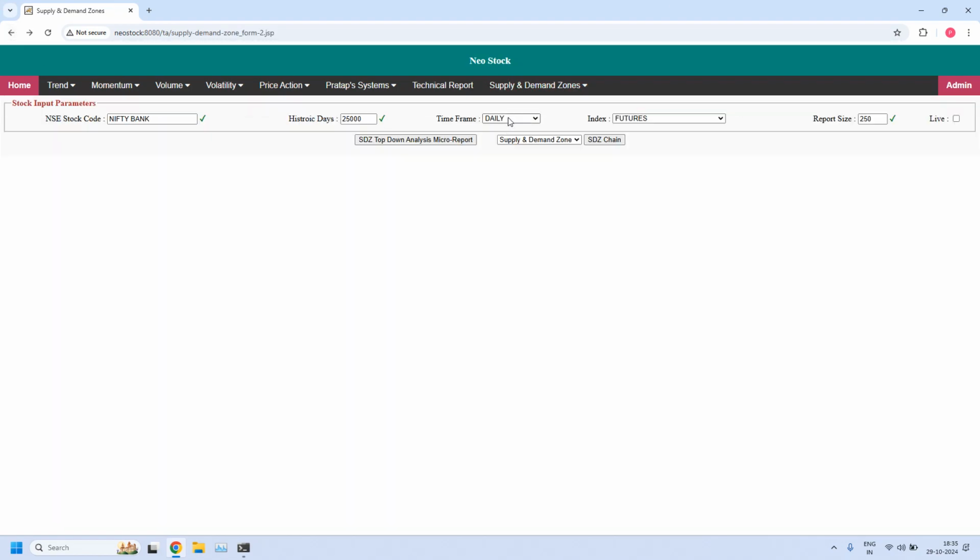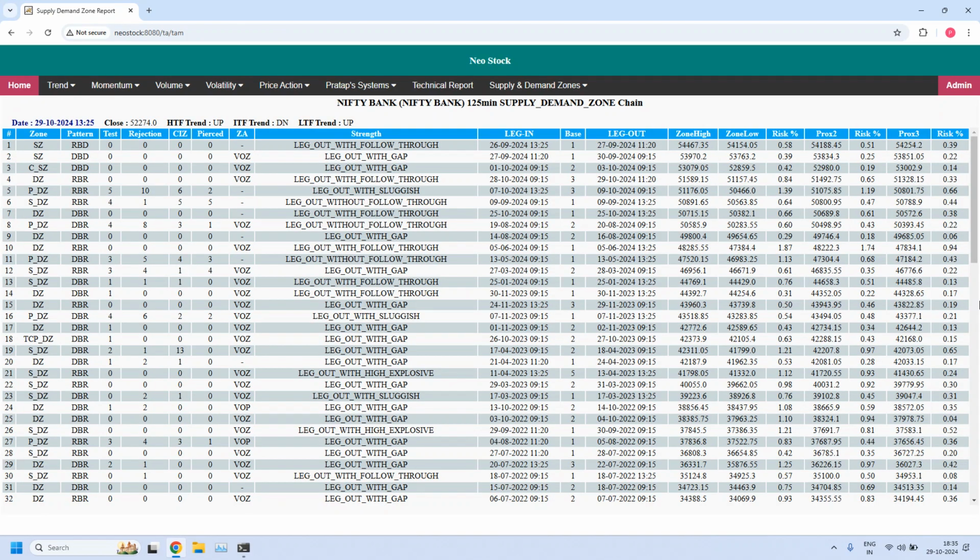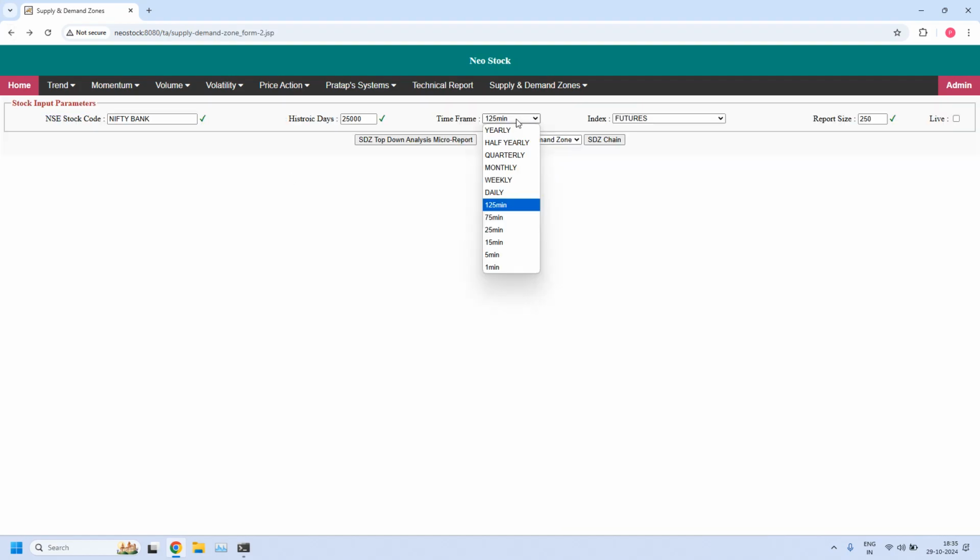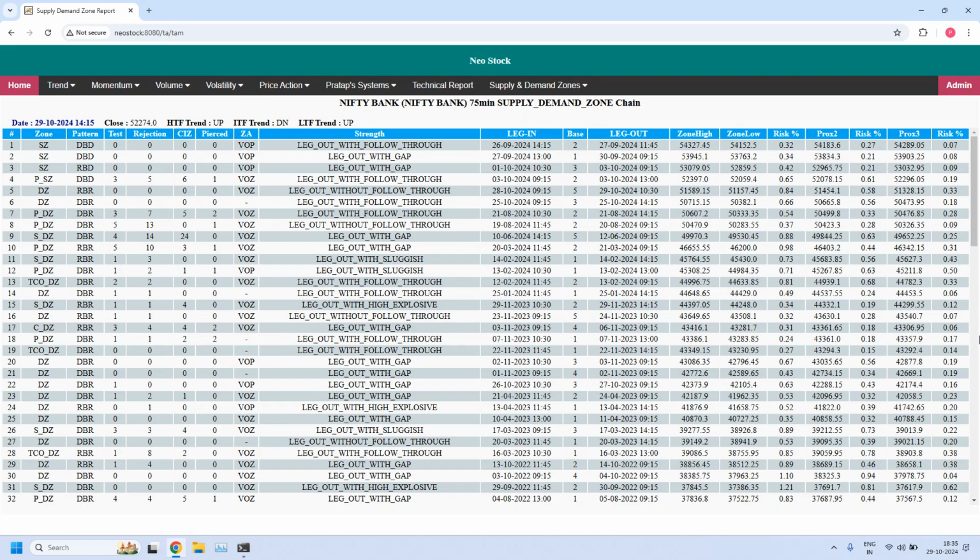Next time frame is 125 minutes, generating the 125 minutes supply demand zone chain for Bank Nifty. Next time frame is 75 minutes, generating the 75 minutes supply demand zone chain for Bank Nifty.